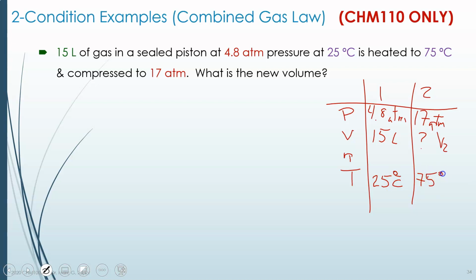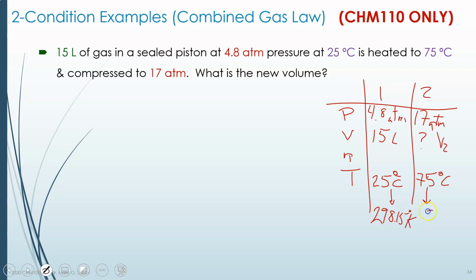So we know we have to convert both of these to Kelvin before we do anything. And we're going to add 273.15 to do that. So this will be 298.15 degrees Kelvin.